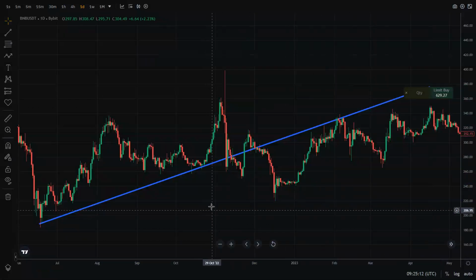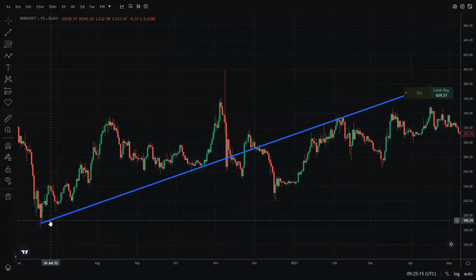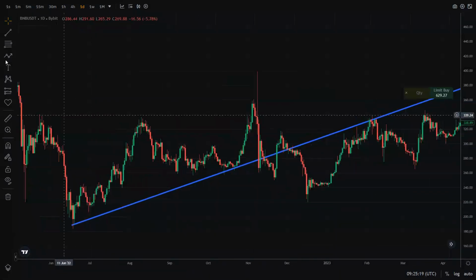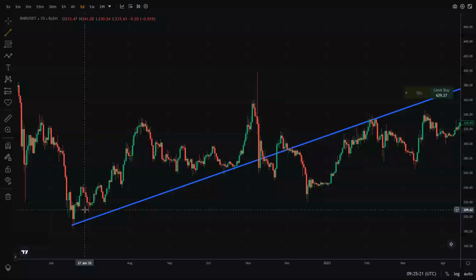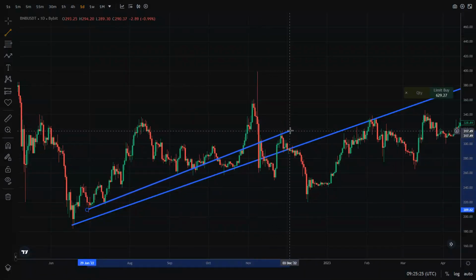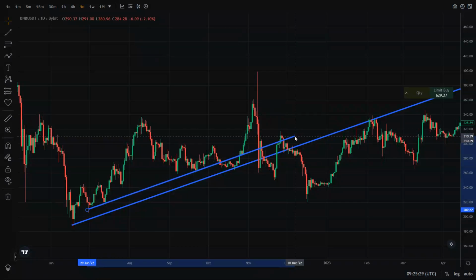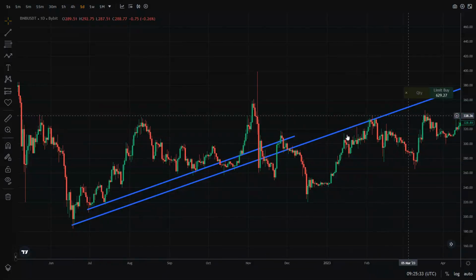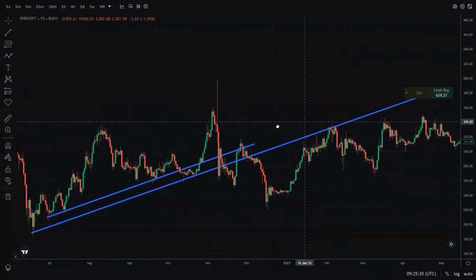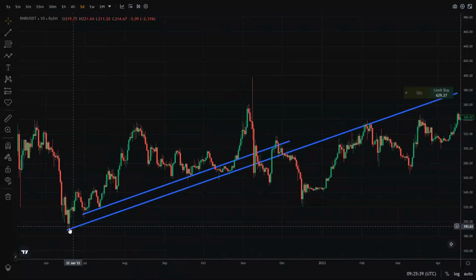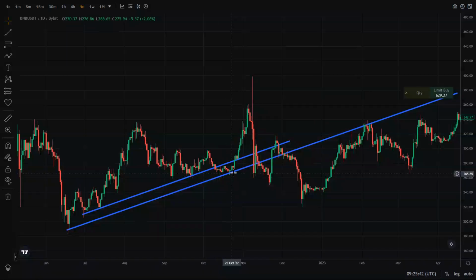You can see it serves as a support around this level. It touches it. Remember, we have one here. So we have the long term trend line. Here it serves as the support.